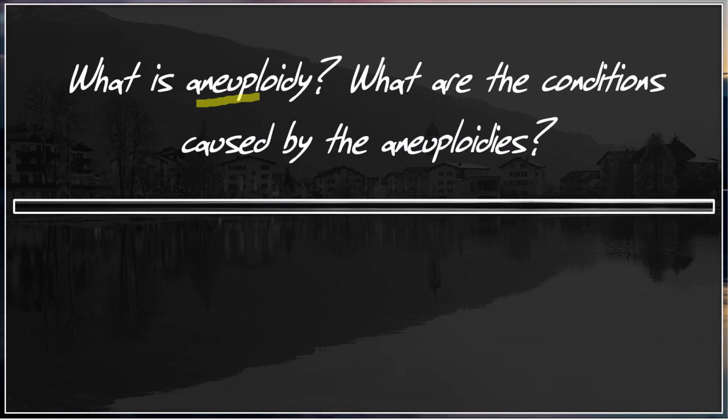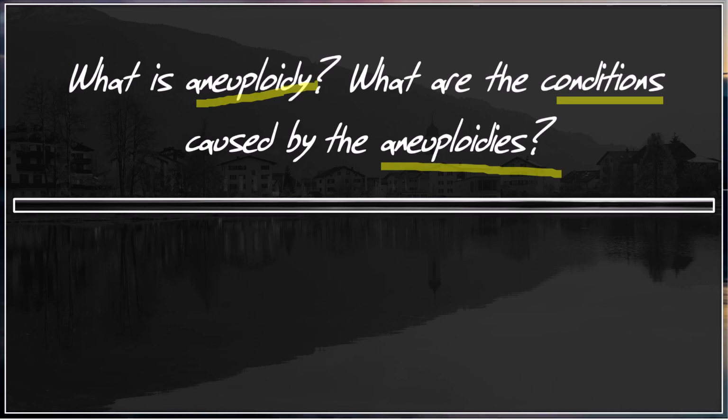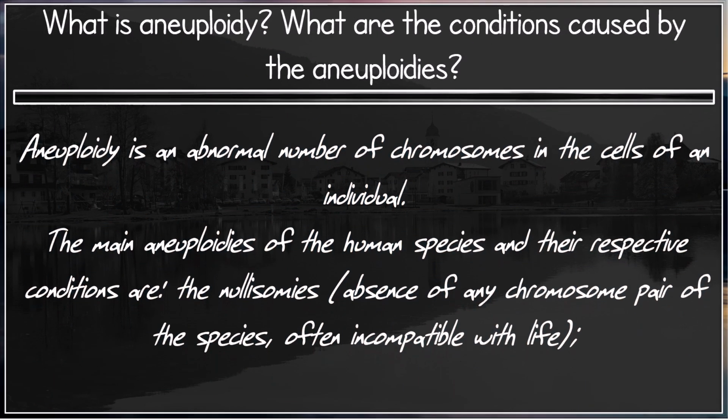What is aneuploidy? What are the conditions caused by aneuploidies? Aneuploidy is an abnormal number of chromosomes in the cell of an individual.